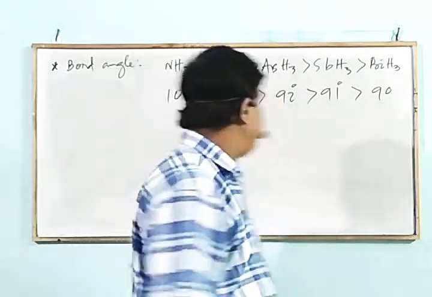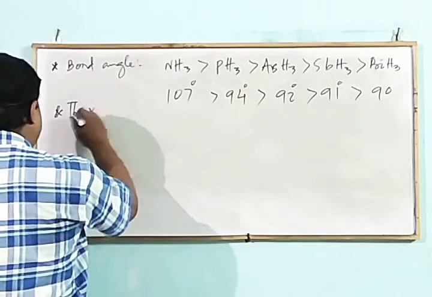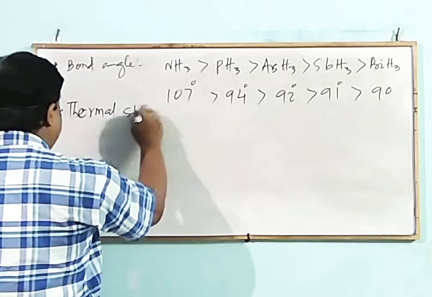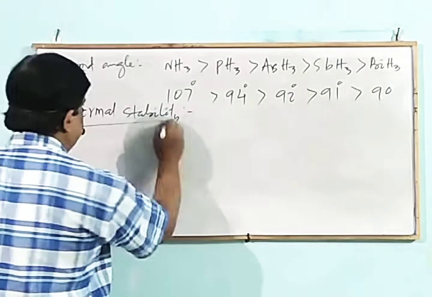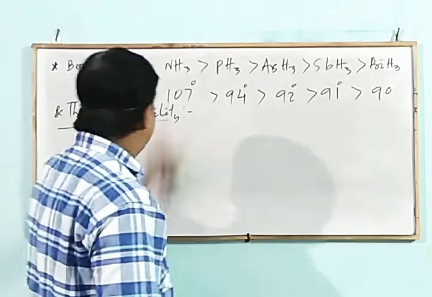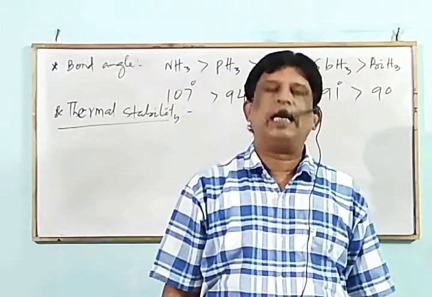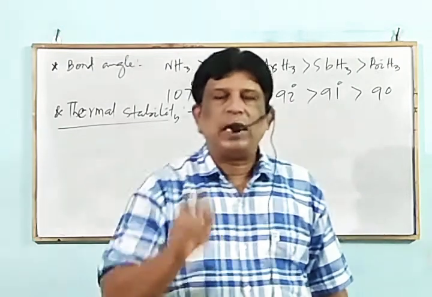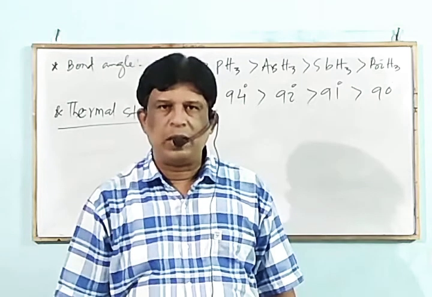Next and the last point is thermal stability. As we know, in case of ammonia, due to small size and higher electronegativity, there is intermolecular hydrogen bonding, so it is more stable.